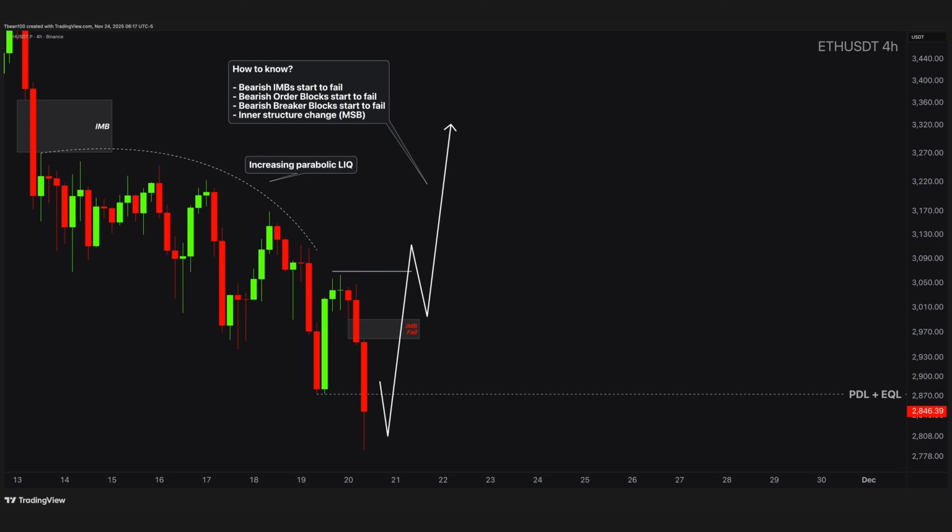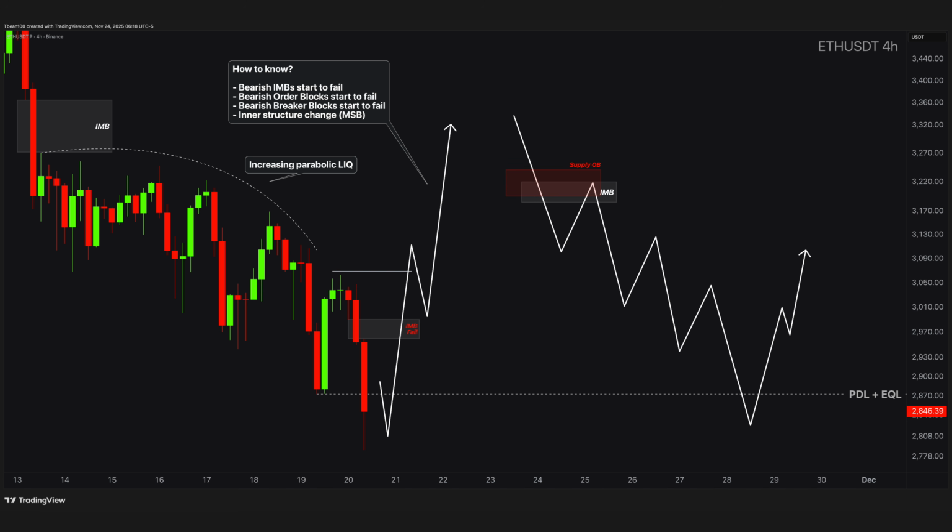If you look closely at this example, you can see the price was following a simple pattern of tapping into inner imbalances and reacting to supply order blocks. And that kept driving the market downward in a steady downtrend. But if at any point that bearish structure suddenly fails, you should start thinking that something is shifting here.